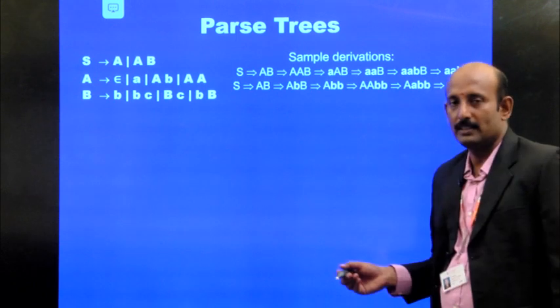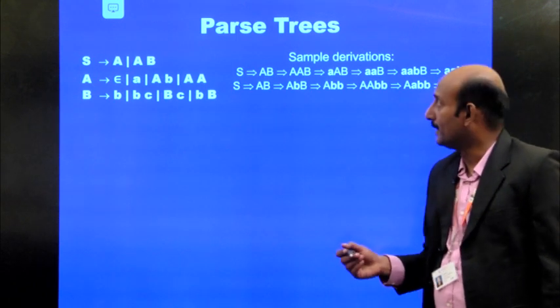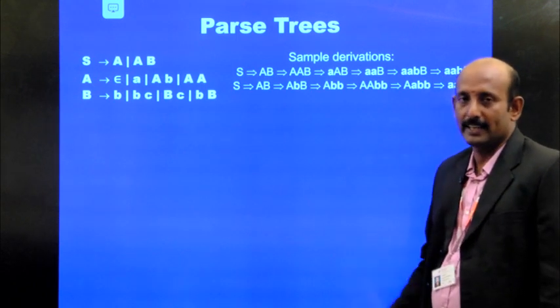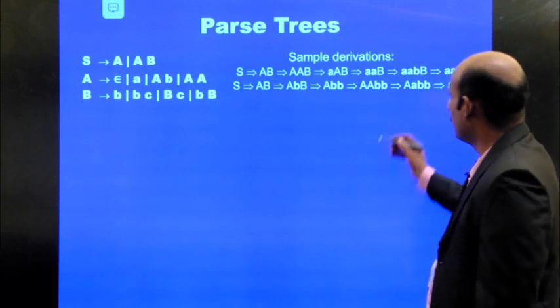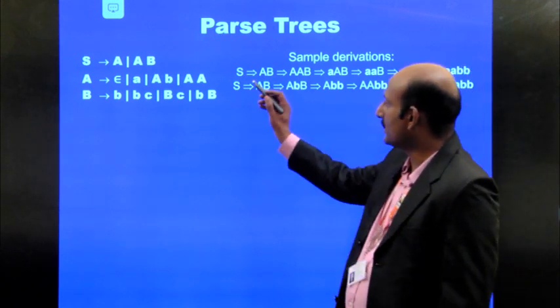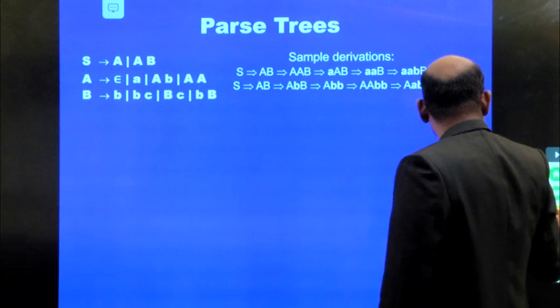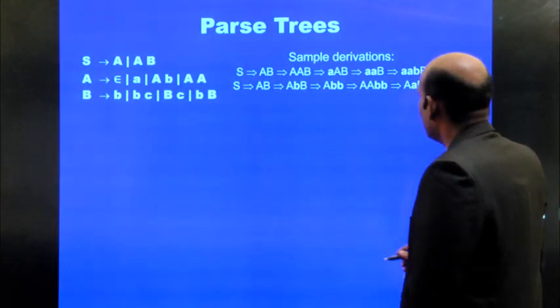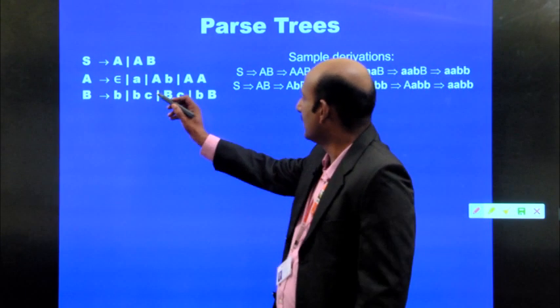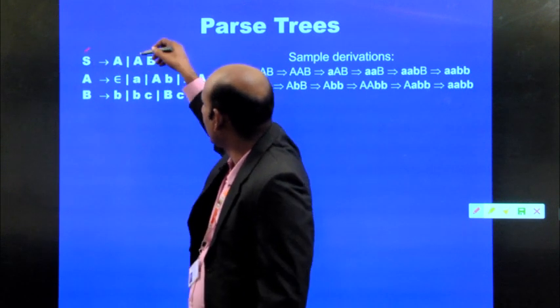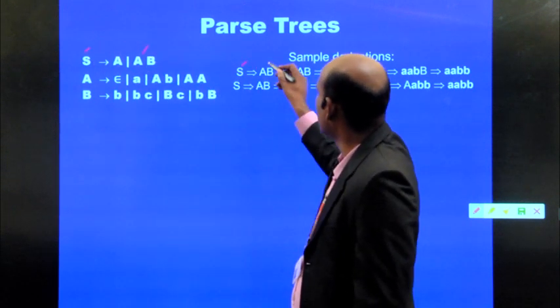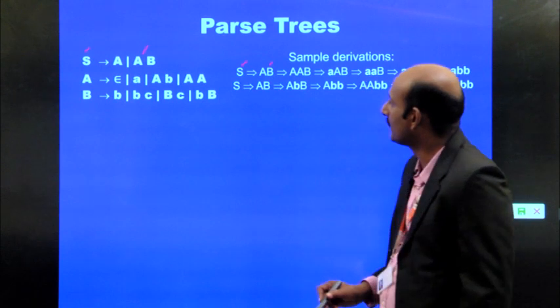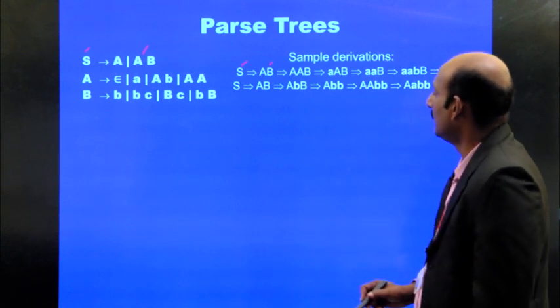So we can derive many parse trees. For example, we can take the first production, S tends to AB. So here S tends to AB. Right?